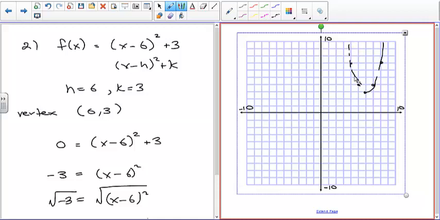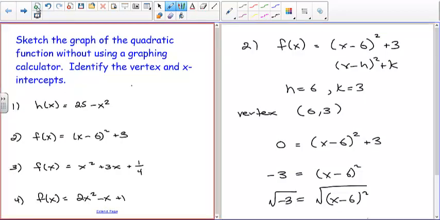And you can see why we ended up with no x-intercepts. If this were negative 3, or if this were a negative sign in front here, then I would be able to get a number. I get 2 x-intercepts. So with quadratic equations, you either get 0 x-intercepts or 2 x-intercepts.